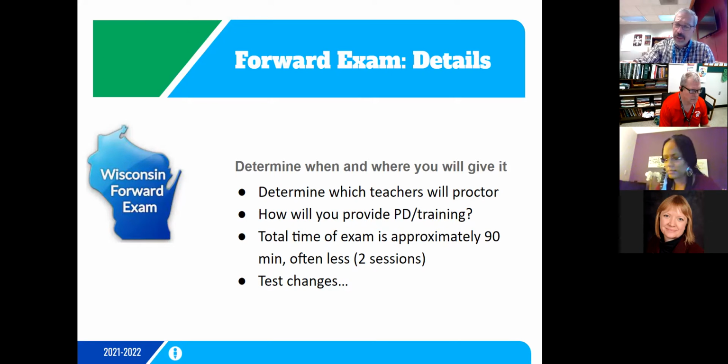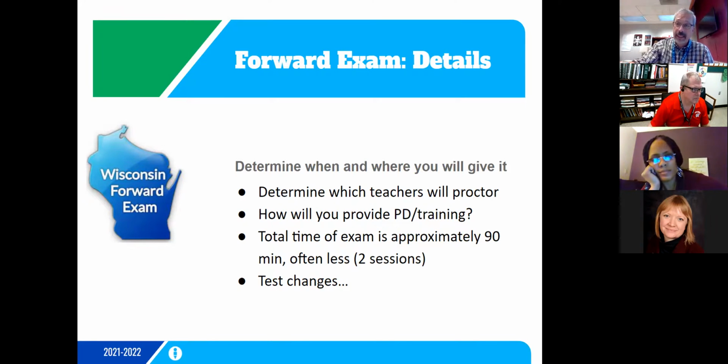Things are moving ahead, and the test itself is back to its pre-pandemic normal self. Last year it was a shortened test. That's not the case now. It does affect high schools in that they had some questions that they pulled out to make the social studies portion shorter last year.